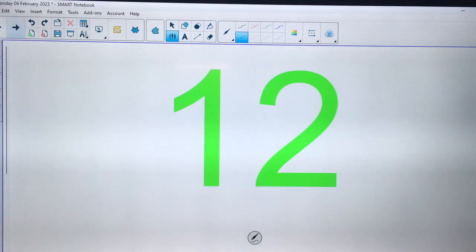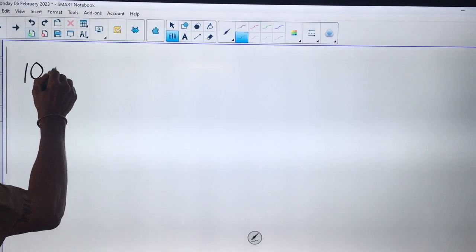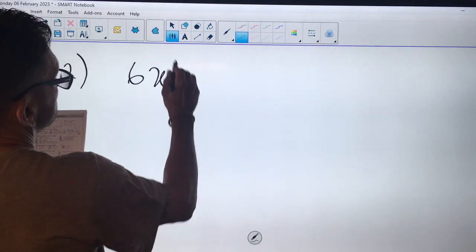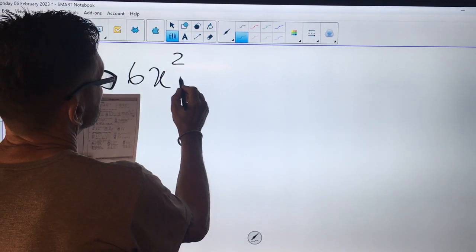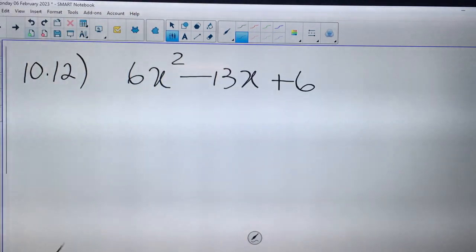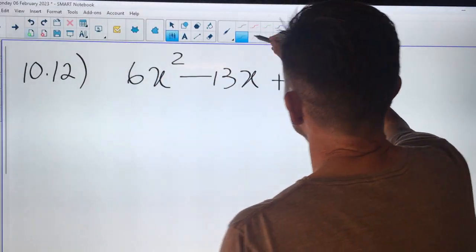Okay, let's try the next one. And the next one is number 10, 12. Okay, so we have to check the factors.